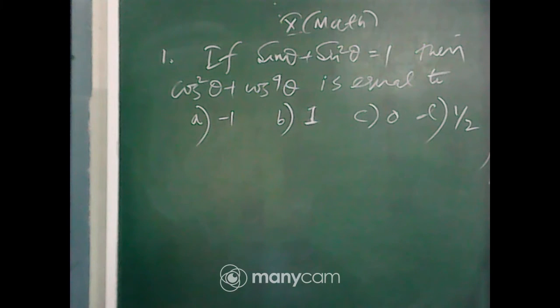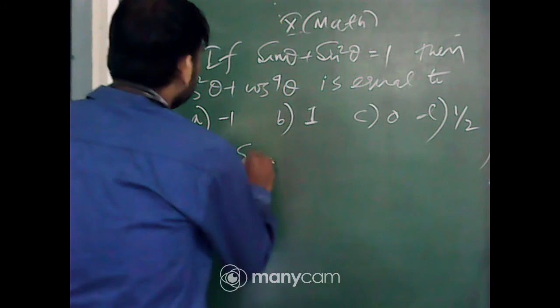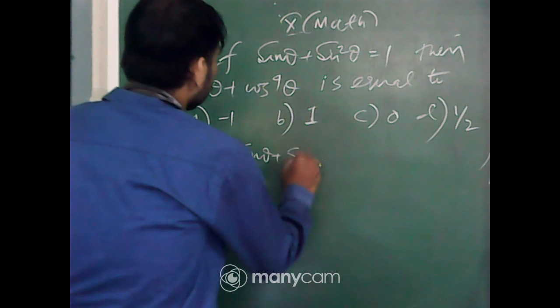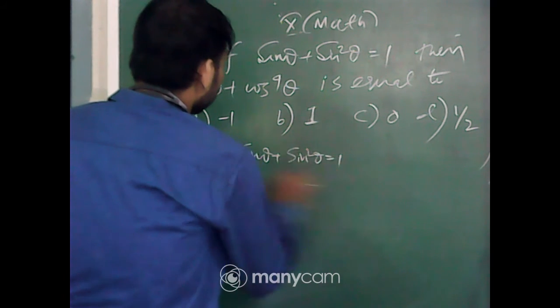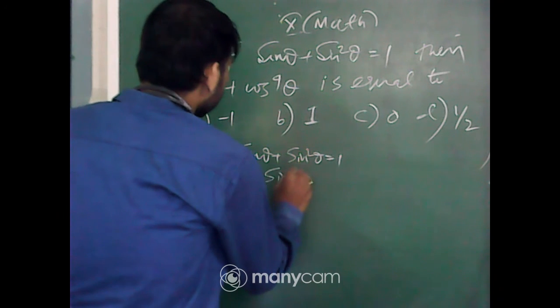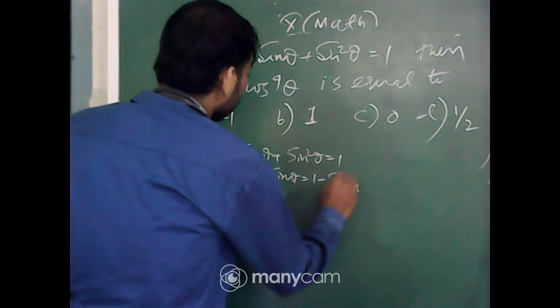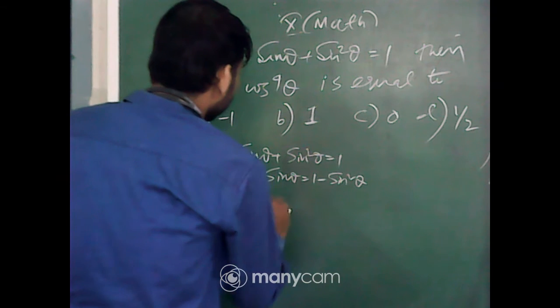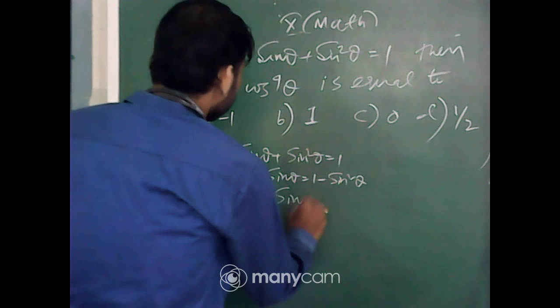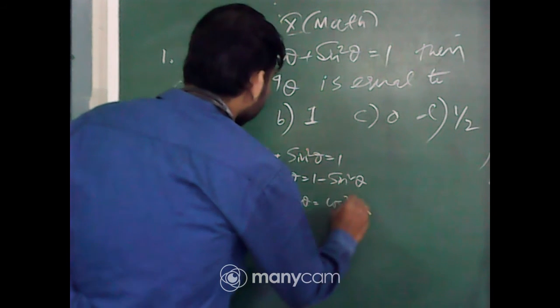Yes, B is the correct answer. Here sin theta plus sin square theta means 1. So sin theta equals 1 minus sin square theta. So sin theta equals cos square theta.